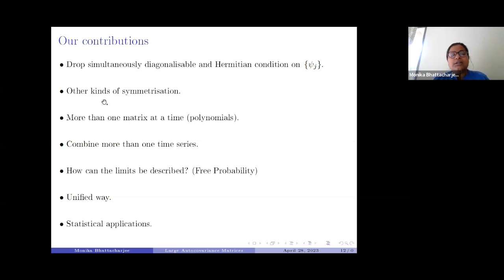And we can consider other kinds of symmetrization, not only the symmetric sum or symmetric product, but any other kind like Gamma 1 Gamma 2 star plus Gamma 2 Gamma 1 star. This kind of symmetrization, which involves more than one order at a time, we can also consider. The third point is that we can combine more than one independent time series at a time. All these things we can do in a unified way under the same umbrella.